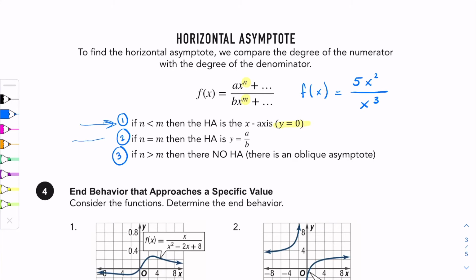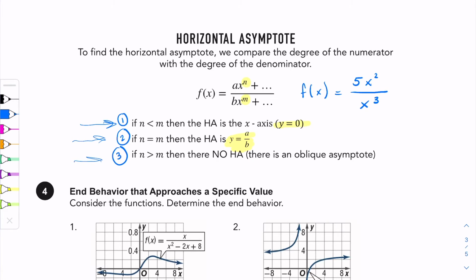For the second case, if n, the exponent of the numerator, is equal to the exponent of the denominator, then the horizontal asymptote is at the line y equals a over b, or the leading coefficient of the numerator divided by the leading coefficient of the denominator.